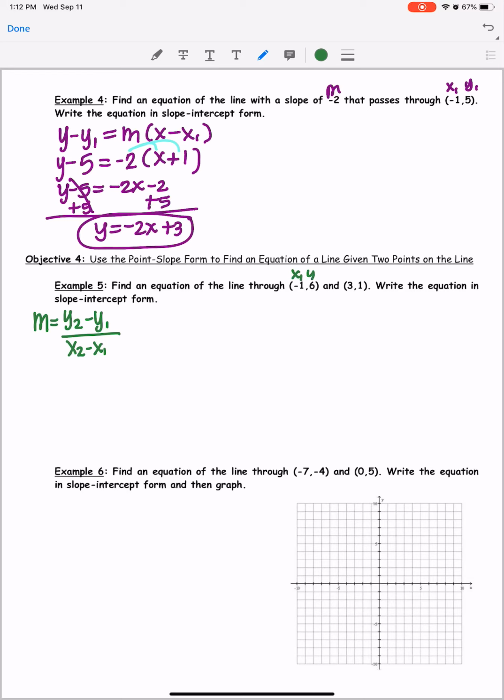You've got x1, y1, x2, y2, so plug it into your formula. I'm actually going to go down instead. So y2 minus y1, so we got 1 minus 6. And then x2 minus x1 means 3 minus a -1, which makes that 3 plus 1.